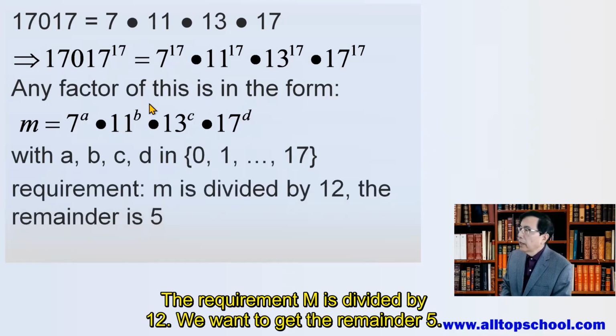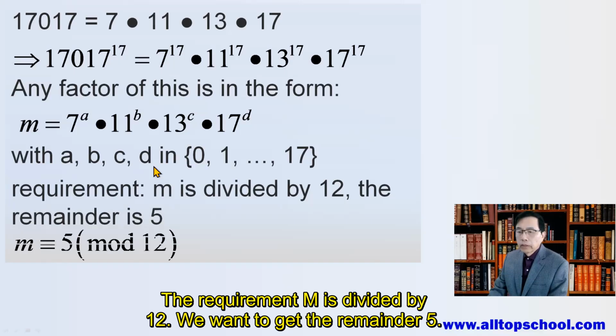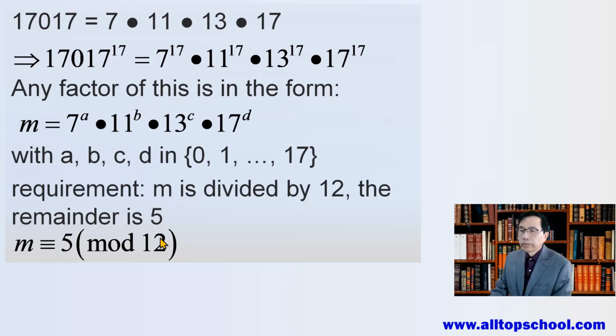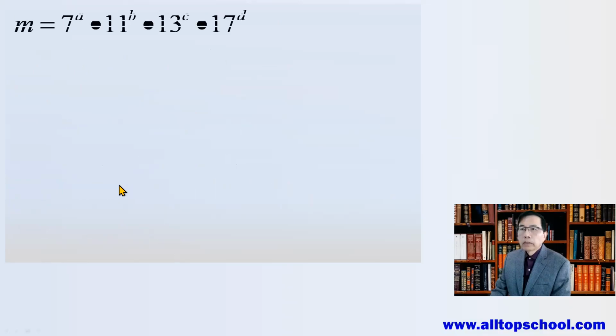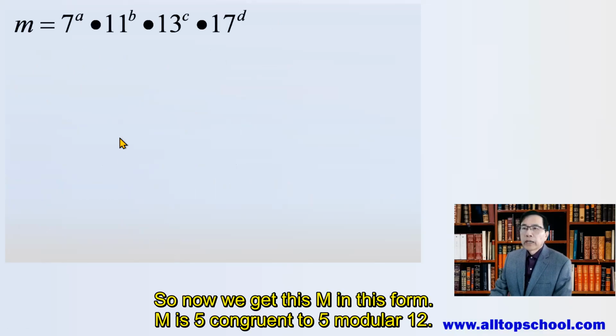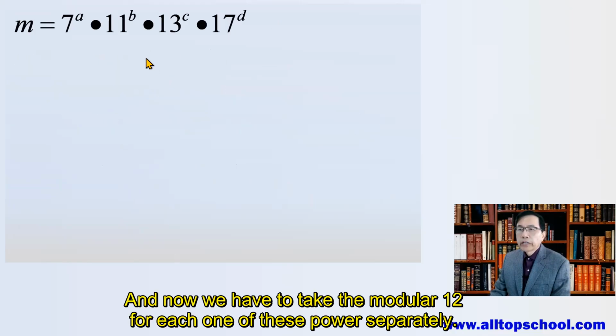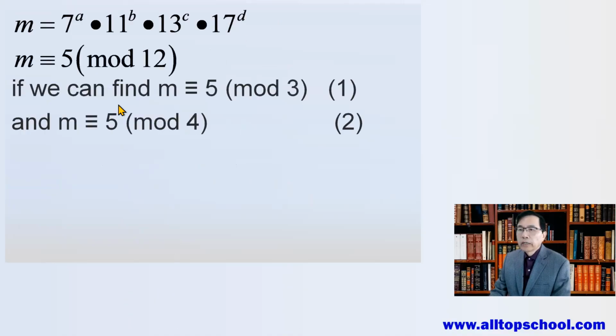The requirement: m divided by 12 should give remainder 5, i.e. m is congruent to 5 modulo 12, translated into modular language. And then we have to take the modulo for each one of these powers separately.